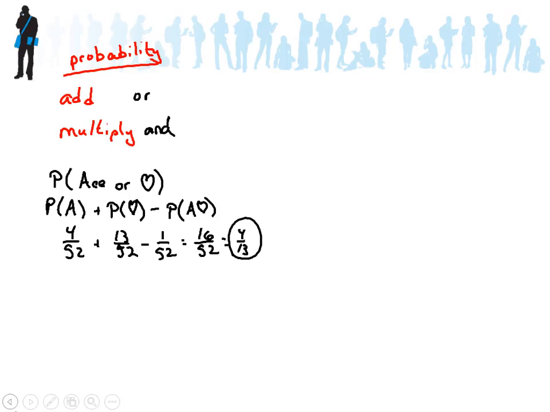If we were trying to find the "and", if I was looking at the probability that I am going to roll a 2 on a die and at the same time draw a heart.